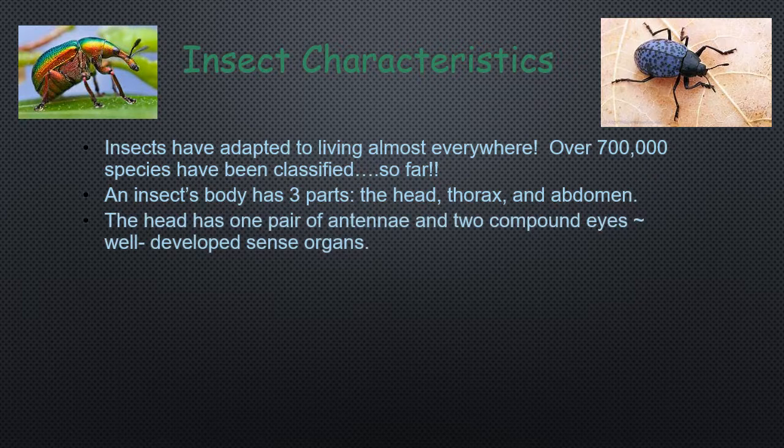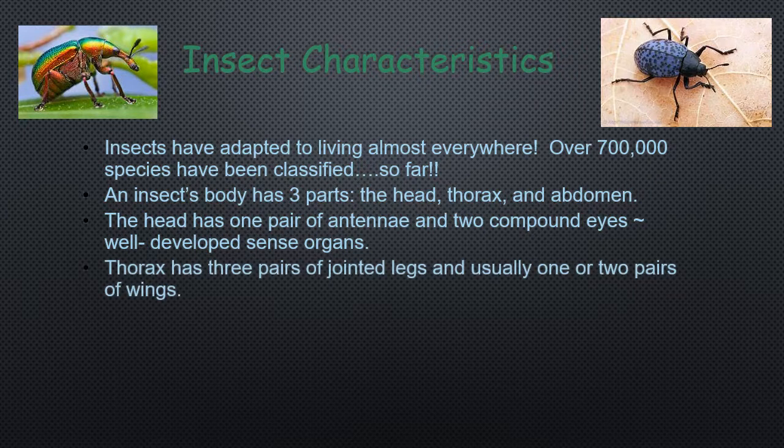The head has 1 pair of antennae and 2 compound eyes and well-developed sense organs. The thorax has 3 pairs of jointed legs and usually 1 or 2 pairs of wings. And the reproductive organs are located in the abdomen.